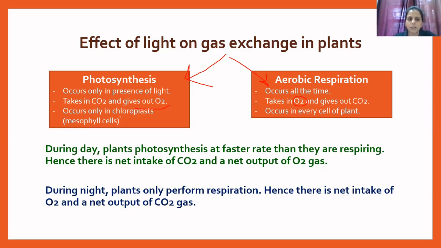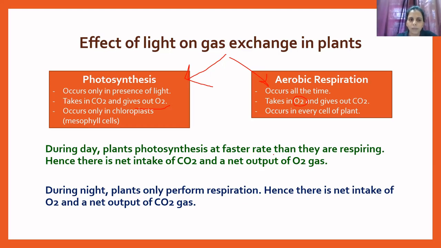Now, during daytime, because bright sunlight is present and the intensity of light is very high, plants photosynthesize at a faster rate than they respire. So during daytime, due to the availability of ample light, the rate of photosynthesis is always higher than the rate of respiration.